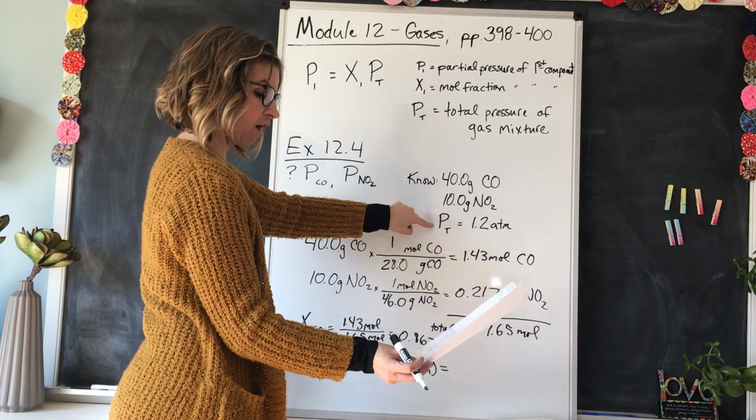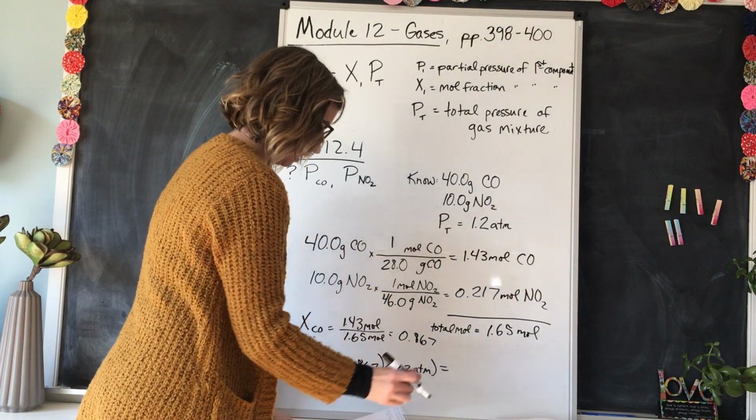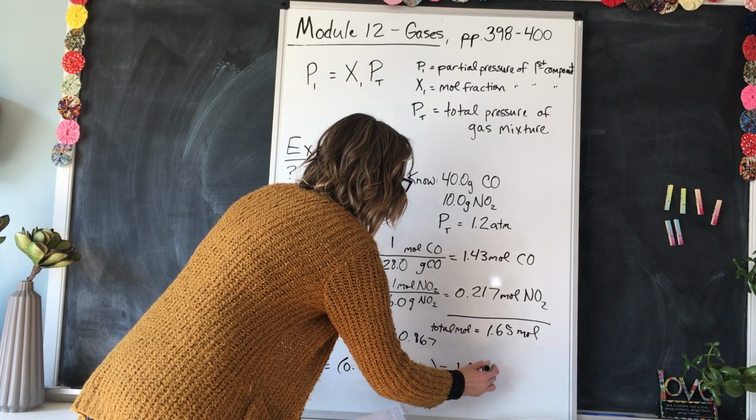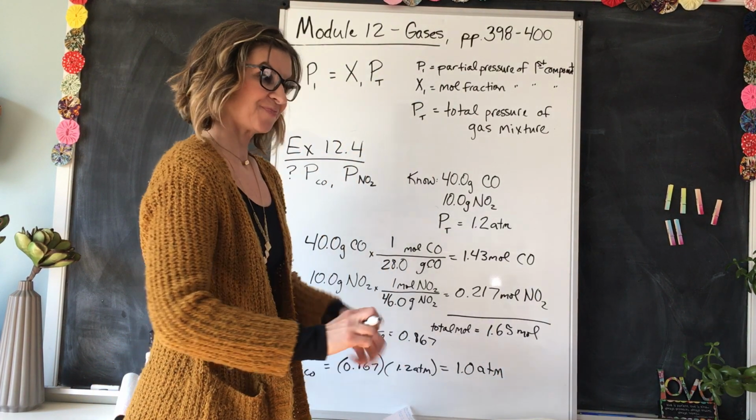So the partial pressure for carbon monoxide would be, actually it comes out to 1.0 atm.